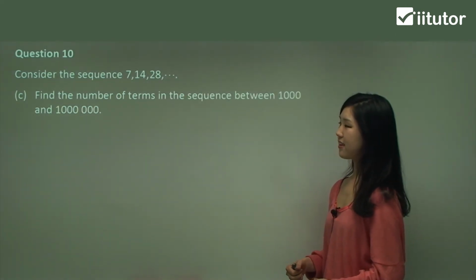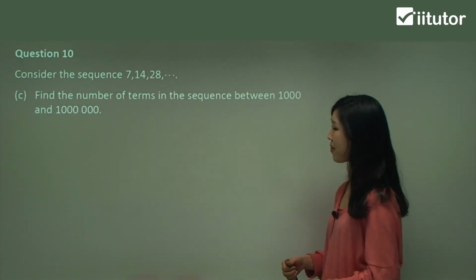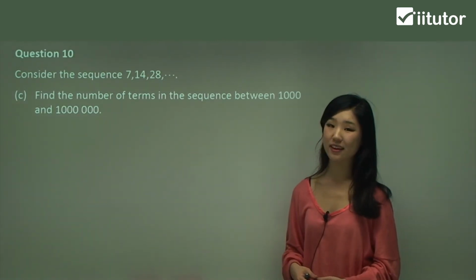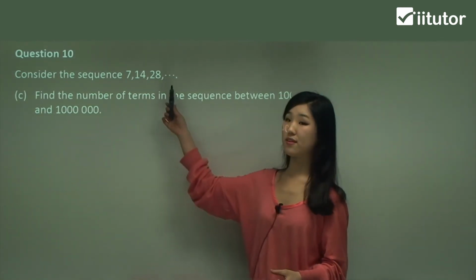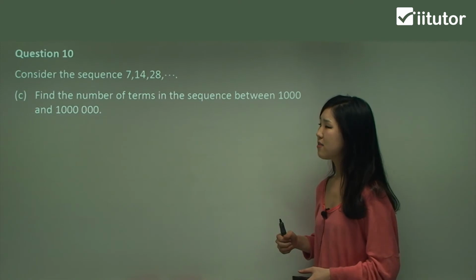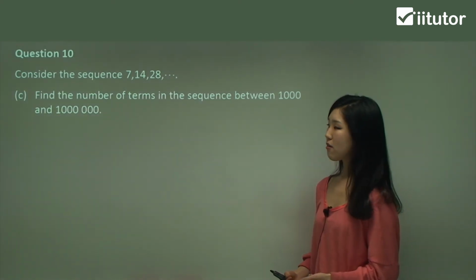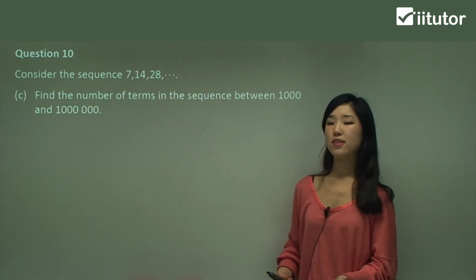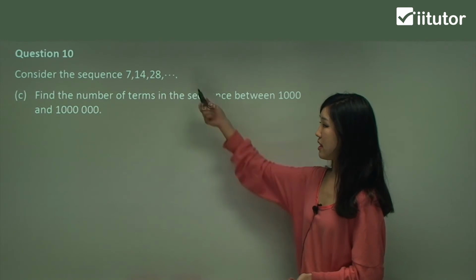So question 10C is asking us to find the number of terms in the sequence between 1,000 and 1 million. Okay, so it's asking us how many terms in between these two numbers within the sequence. Now guys, this is part C. I want to try to utilize what I had in part A and B. Now remember in part A we found the largest 6-digit number that was in the sequence, wasn't it?